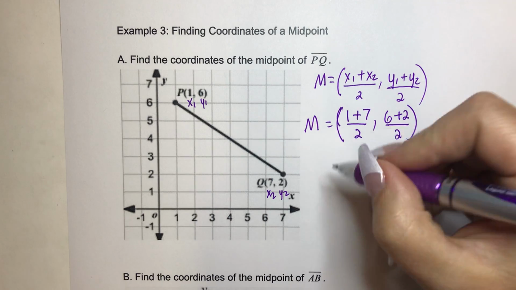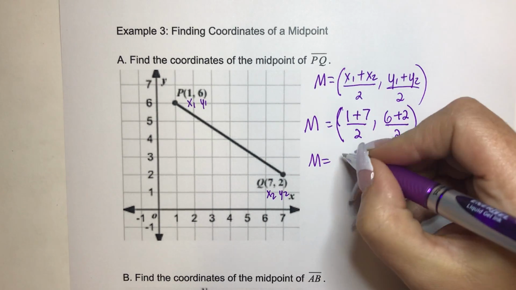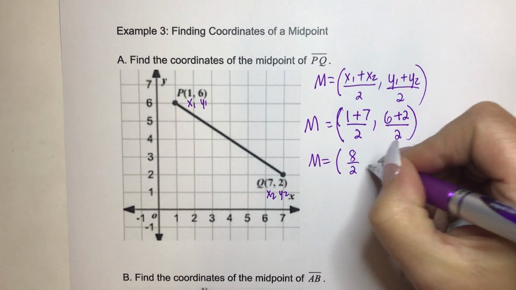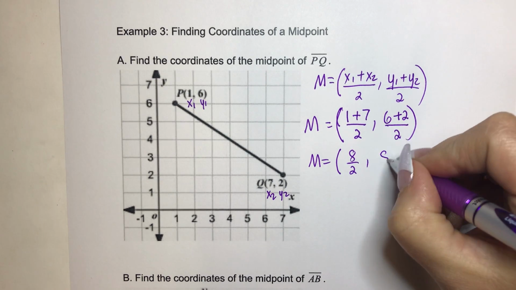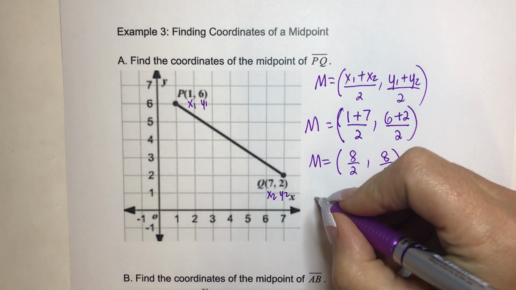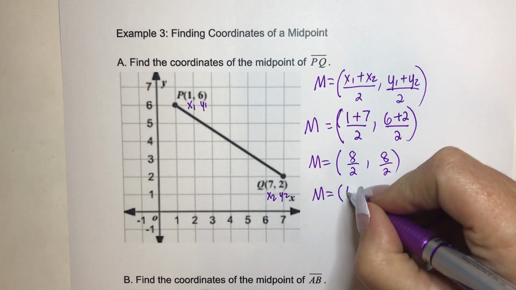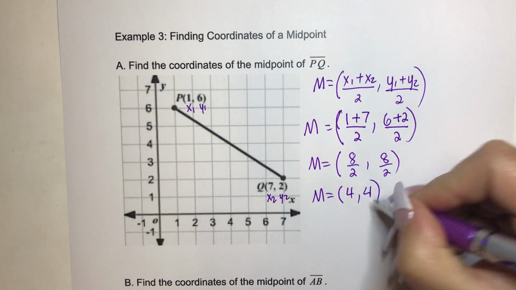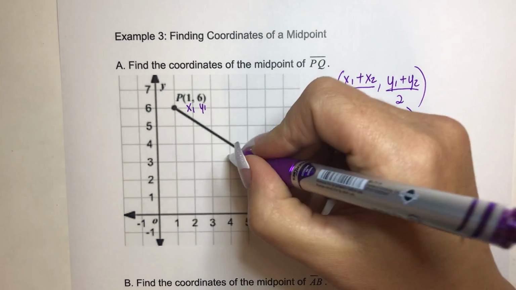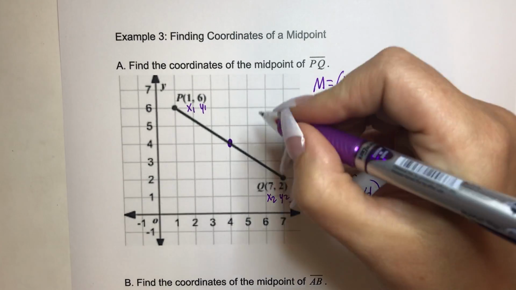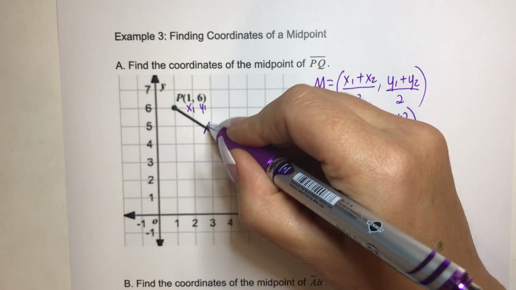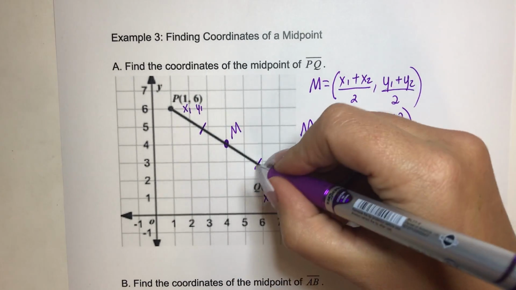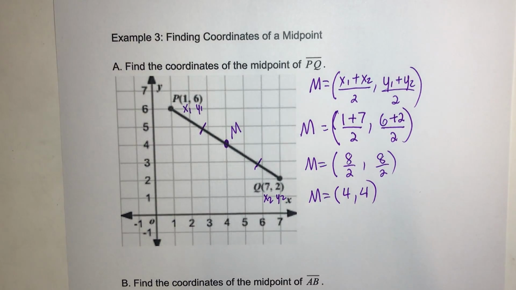And so then we just do this work. 1 plus 7 is 8. 6 plus 2 is 8. And then 8 divided by 2 is 4 and 4. So that's our midpoint, 4, 4. Our midpoint is right here, which means that this side and this side are congruent to each other. All right. Okay, very cool.